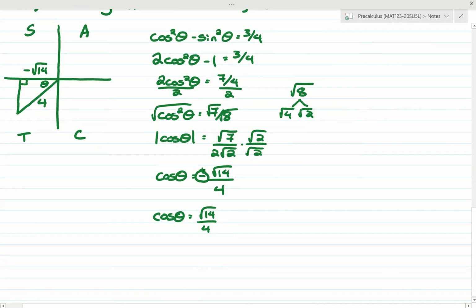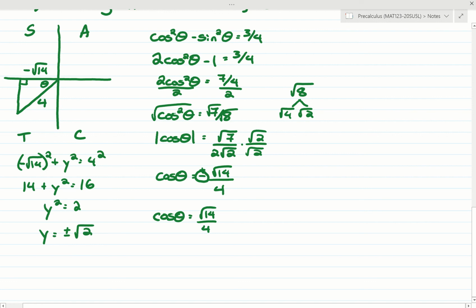So let's go ahead and figure out the opposite side so we could determine what sine of theta is. So if negative root 14 squared plus y squared is equal to 4 squared, we get 14 plus y squared is equal to 16. Y squared would be 2. Y would be plus or minus root 2.